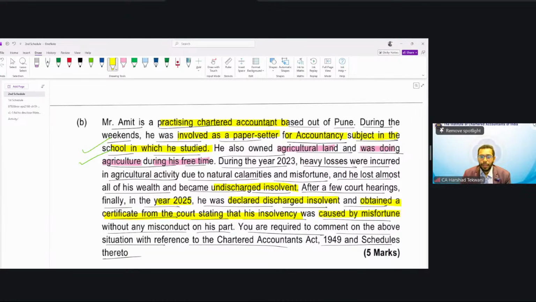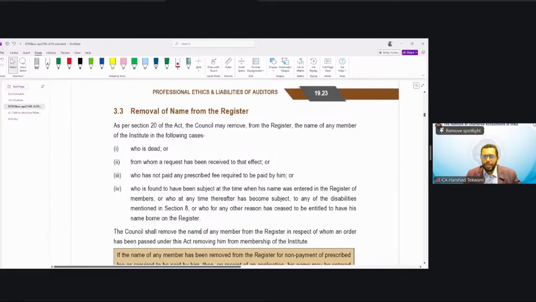One of the provisions is Section 20 of the CA Act, the removal of name from the register, where your name can be removed. There are grounds given on which your name can be removed. Who is dead, request has been received to that effect, not pays the fees, or subject to any of the disability mentioned in Section 8.